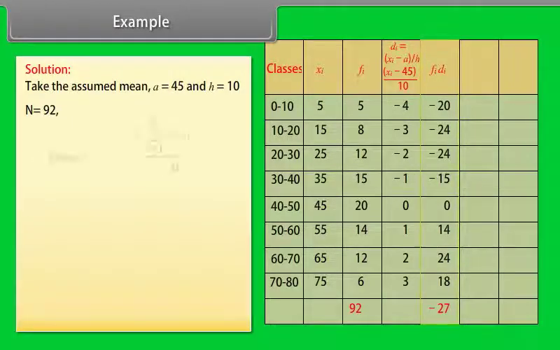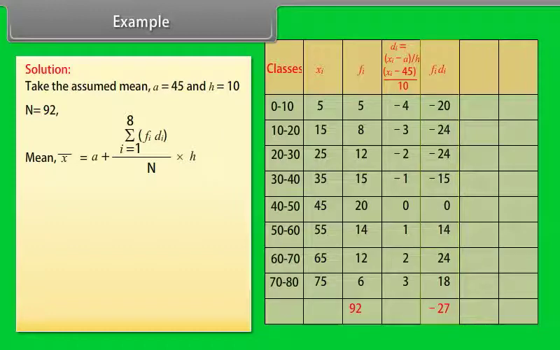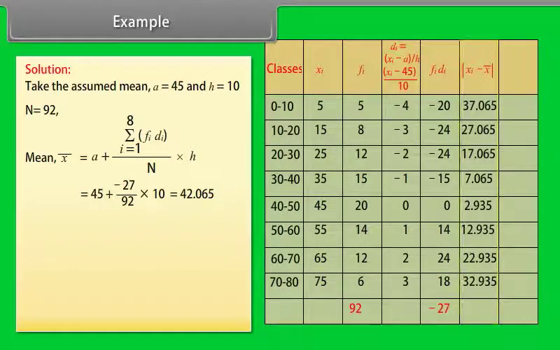After that, we find the mean from the formula as stated below: assumed mean plus the summation from i equals 1 to n of the product fi and di divided by N, multiplied by h. It is found to be 42.065. In the sixth column, we find the absolute values of the difference between xi and the mean x bar.